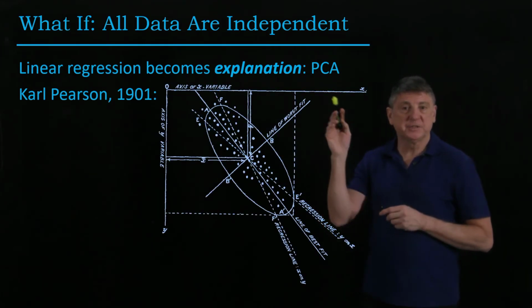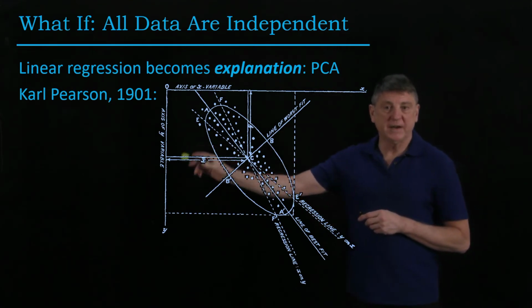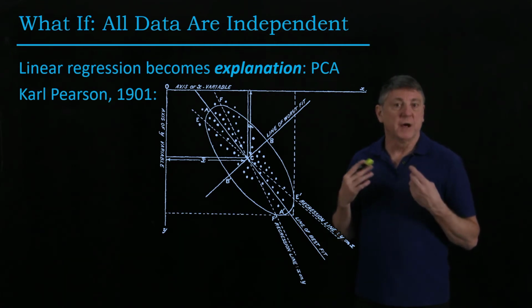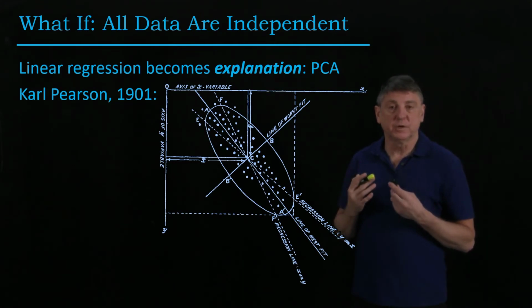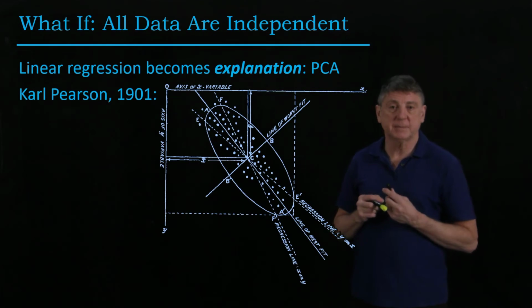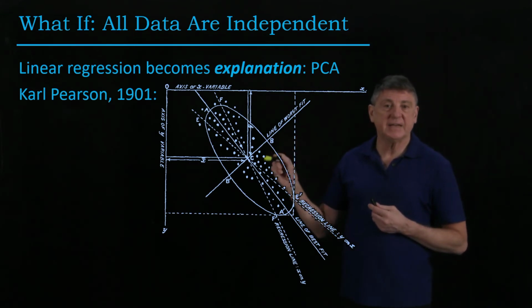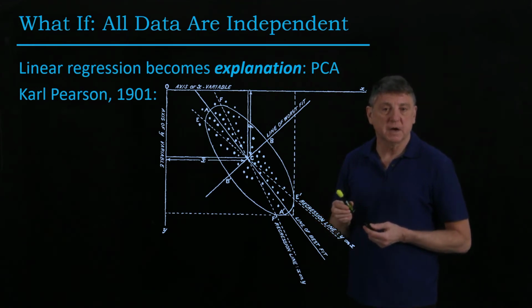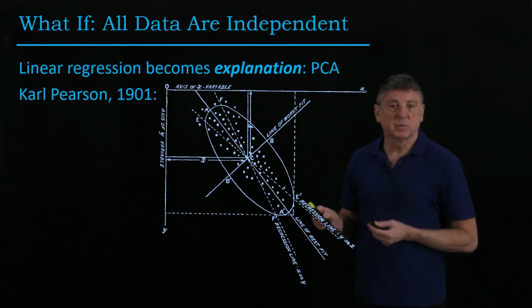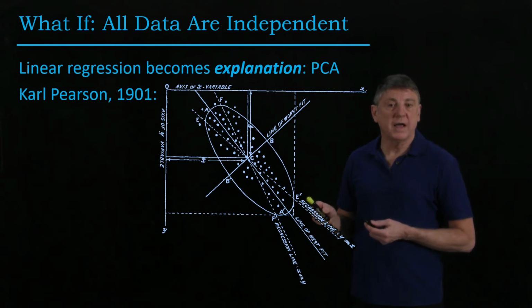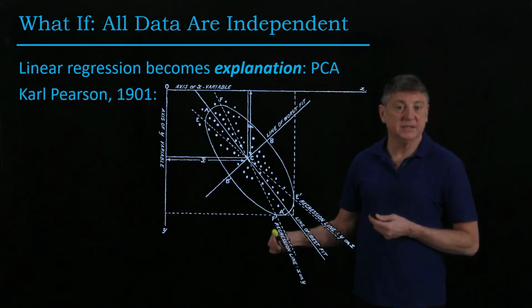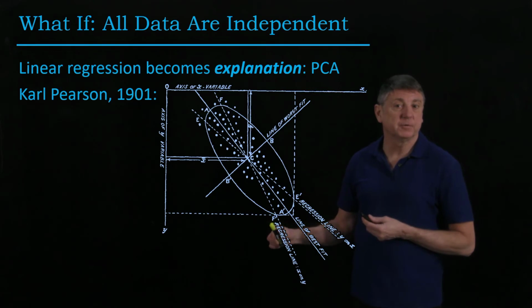Later in the paper, he has this beautiful diagram. Here you can see he has X here and Y down here, which we recognize as being a left-handed coordinate frame. So at this time, the right-handed coordinate frame was far from universally accepted. And then he has a bunch of data here, and what he's drawing are three lines. Here is the regression where you model Y as a function of X. But if these data are independent, couldn't you equally well pick X as a function of Y, and you would get a different regression?